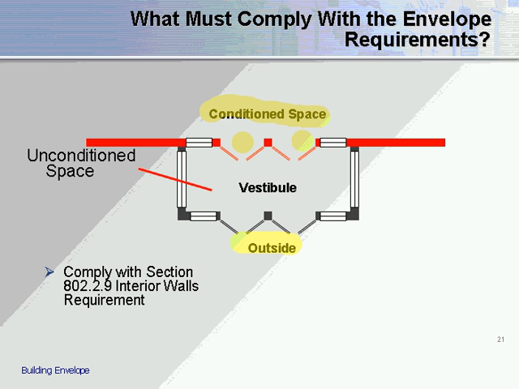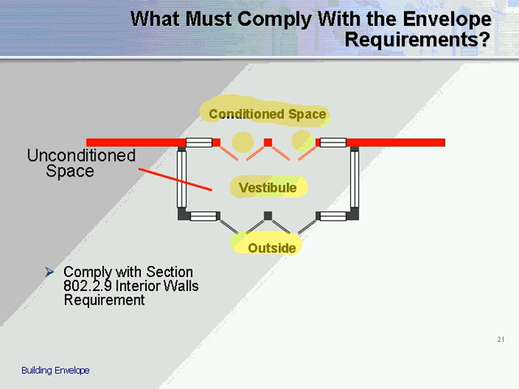So glazing doors and opaque wall area within that wall would need to comply now with the interior space requirement, which would mean it would have to comply with the 0 to 10% prescriptive packages within the IECC, and we'll take a look at that in a second. So this vestibule area, one could say, now becomes unconditioned space.